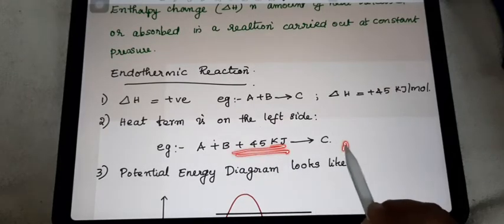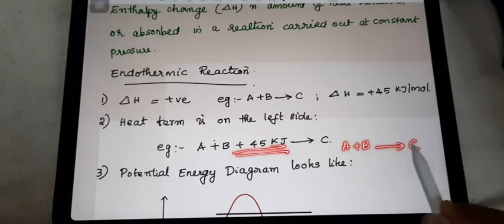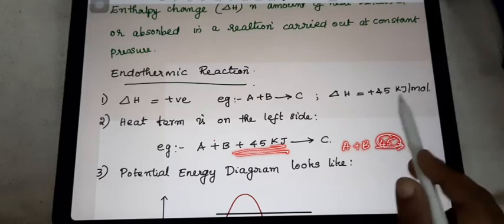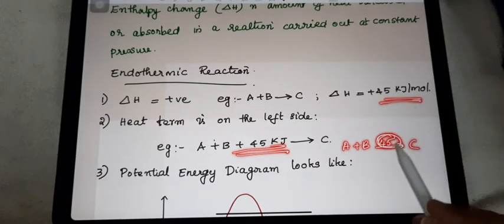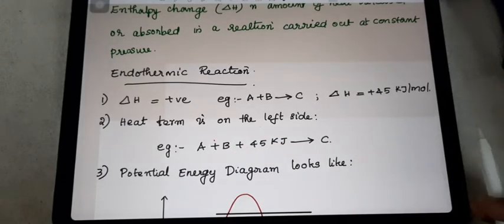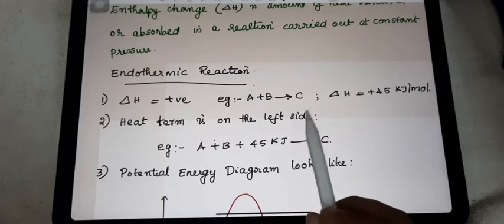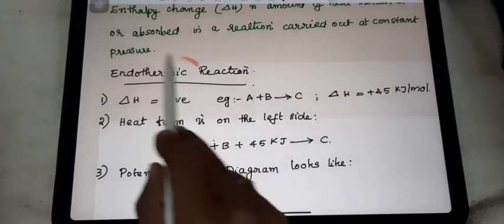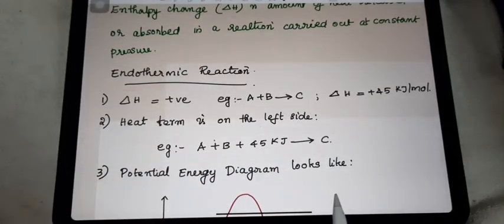That means for this reaction to occur, we have to apply, say, 45 kilojoule per mole, and only then A plus B changes to the product C. This is the common thing about endothermic reactions.